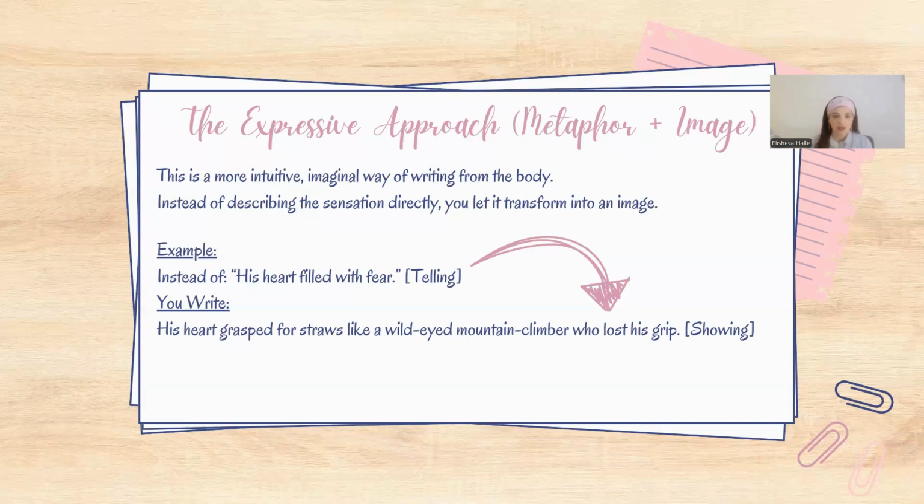But like I said, you still need to start from within the body. So in this example, we're starting with the heart. You still need to ground it in the body. And really the most powerful way is to combine both of them, where half the sentence could be grounding in the body and then transforming that into a metaphor or an image.